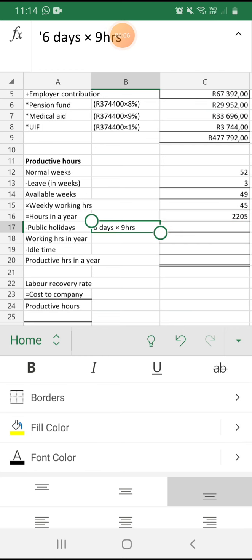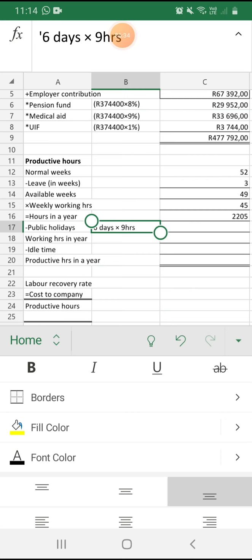Now we need to subtract the public holidays. They told us that there are 6 public holidays during the week. Therefore, we need to calculate how many hours they work per day. To get this, you take the 45 hours per week divided by 5 days, and you will get that they work 9 hours per day. Now, they told us that the public holidays fall during the week.